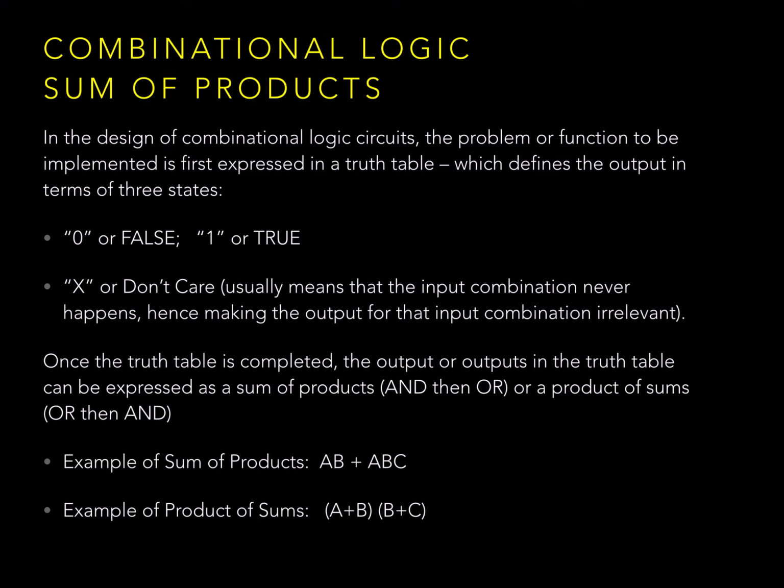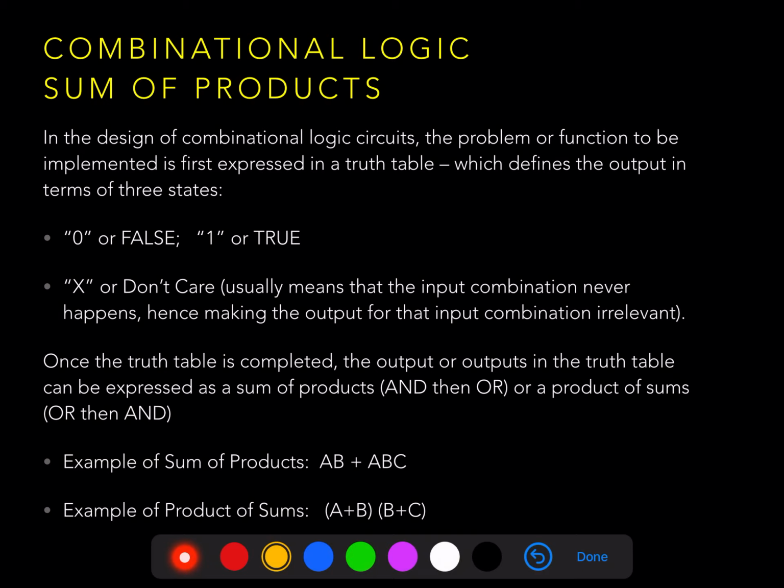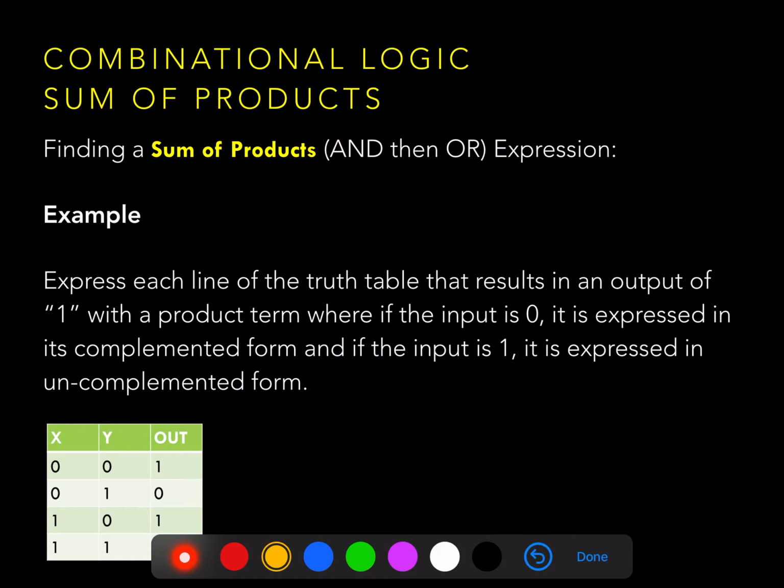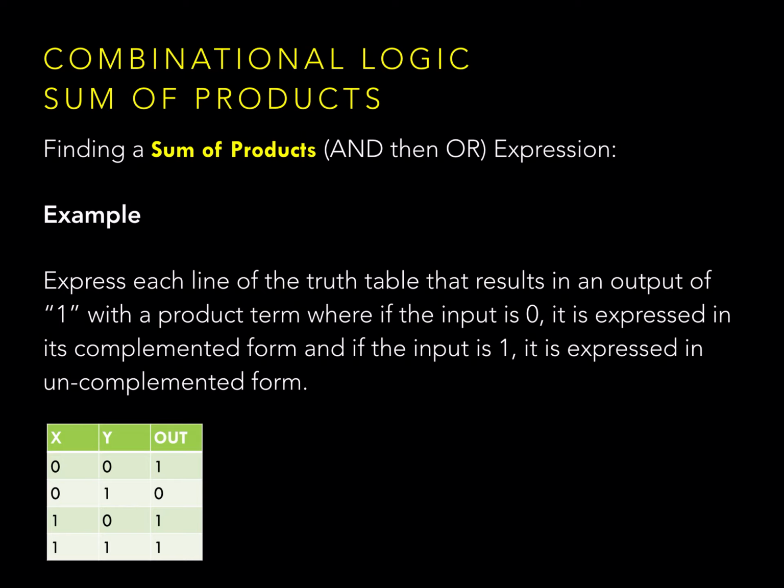Let's take a look, though, now at the sum of products expressions for digital logic circuits. In this truth table, we'd like to express the sum of products, doing an AND, then an OR, in our Boolean expression for this truth table. To do that, we'll take a look at the ones in the truth table.